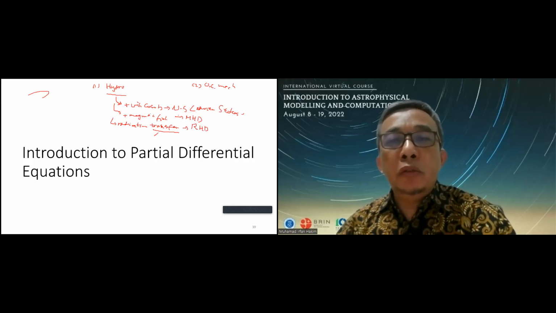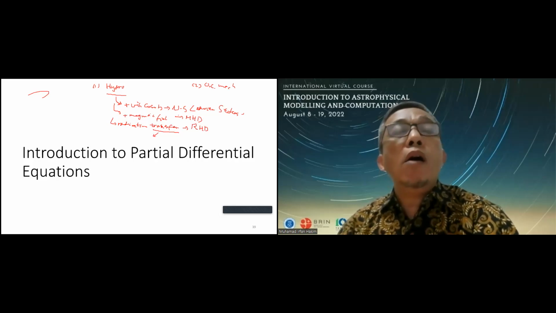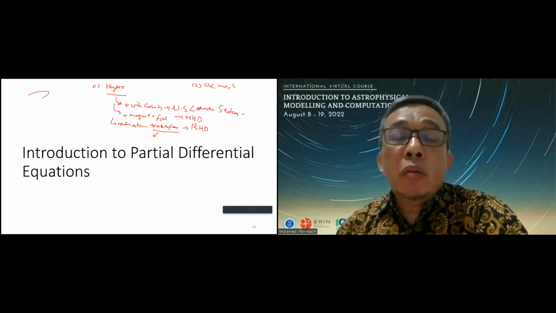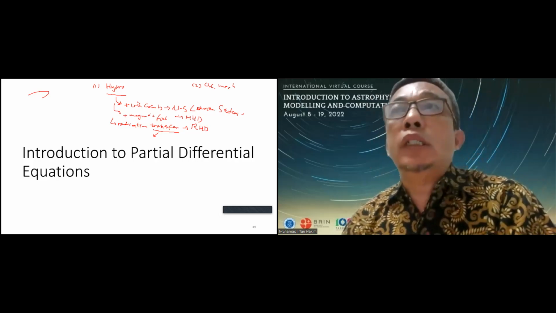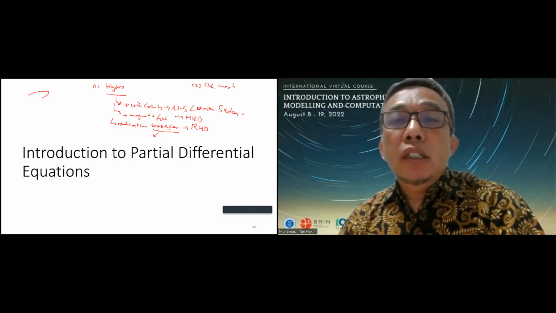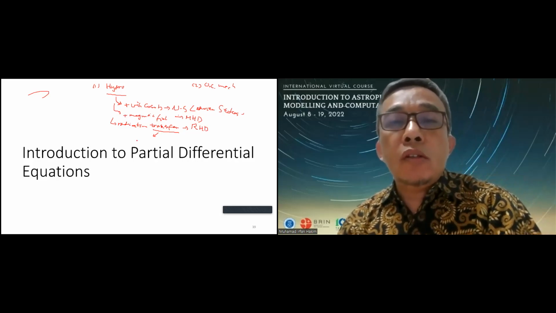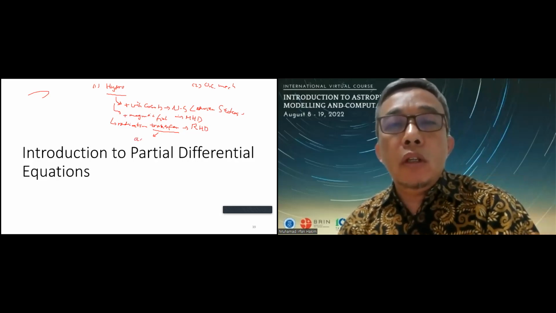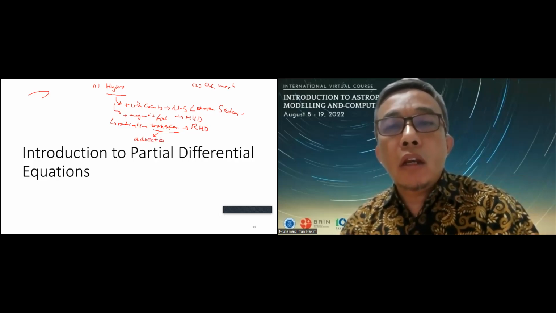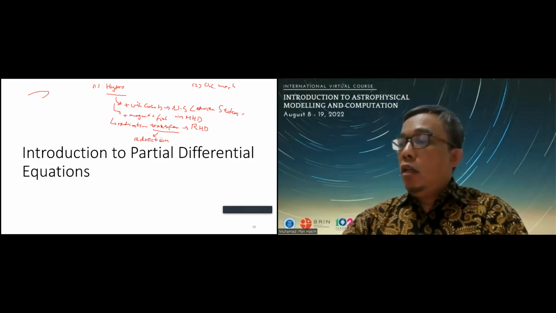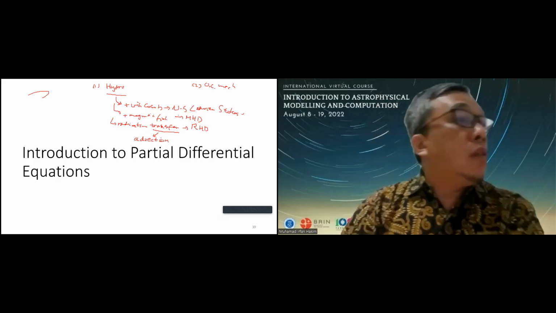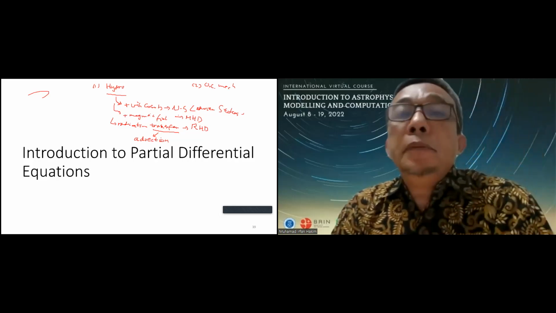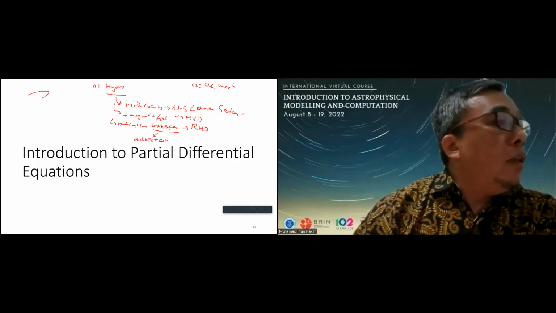If you would like to read some numerical methods applied in engineering, these terms are sometimes called advection. So I hope you are very familiar with these terms, this terminology.